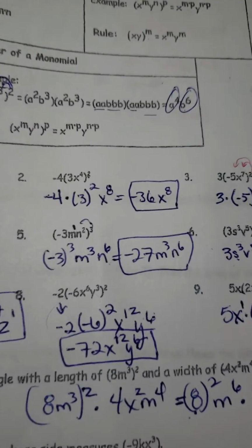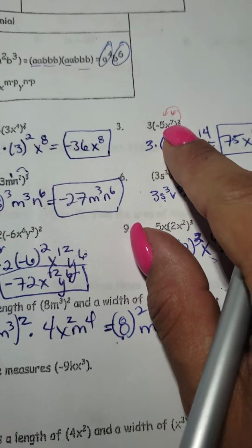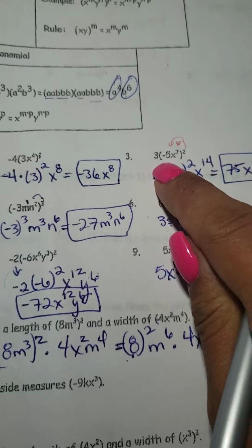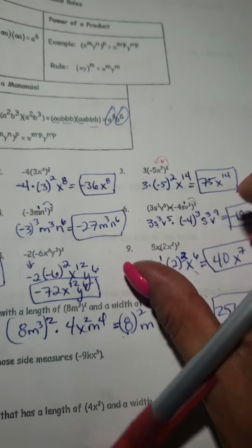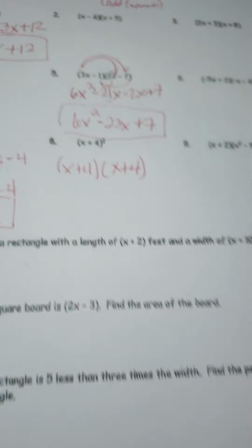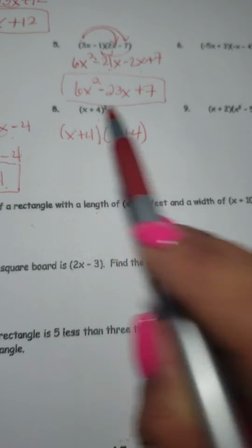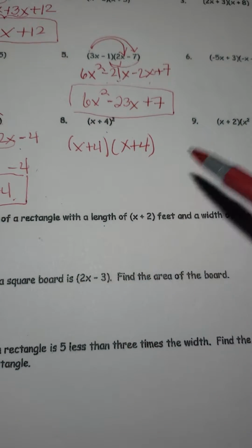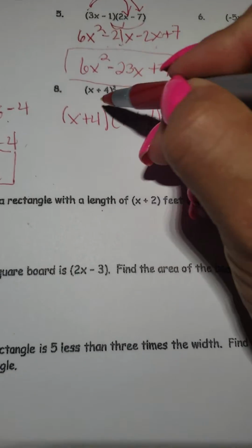So this is what it looked like before when we had an exponent outside, and we only have a monomial inside, meaning one term. So that's when we multiply variable exponents with exponents, excuse me. But not here, because this is a binomial, meaning both of these are separated by a plus or a minus. Okay, so this is going to be a little different. So just don't confuse those when we get to a quiz.